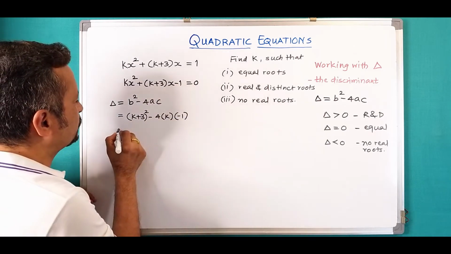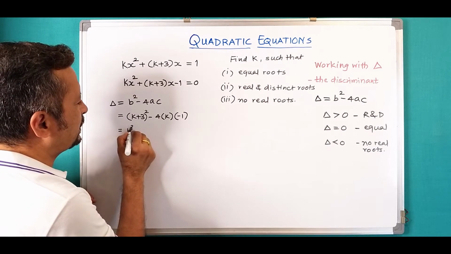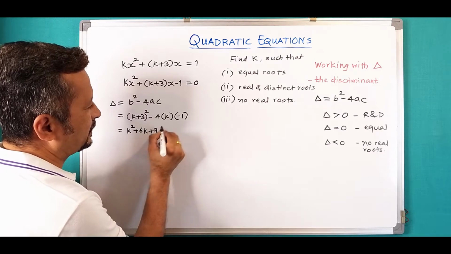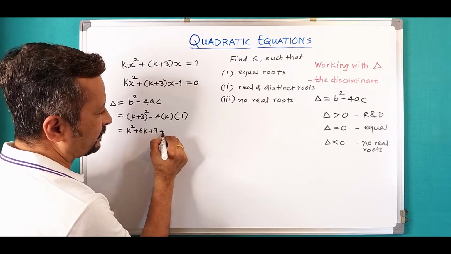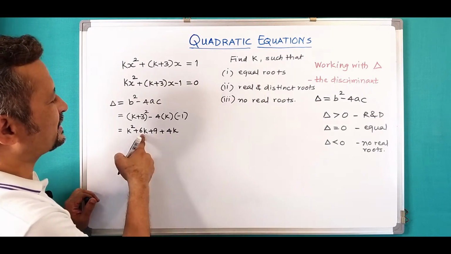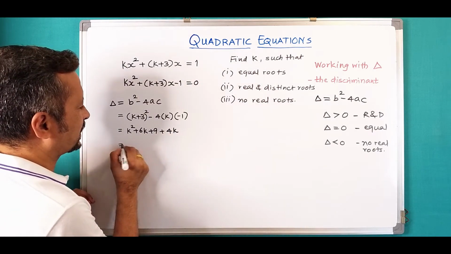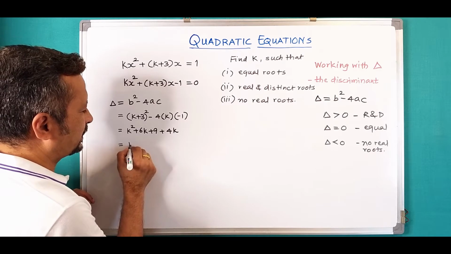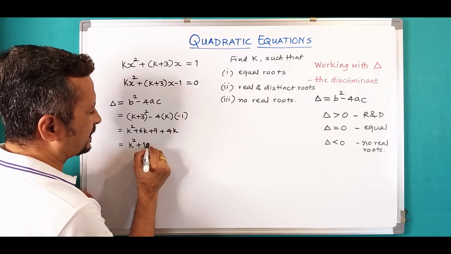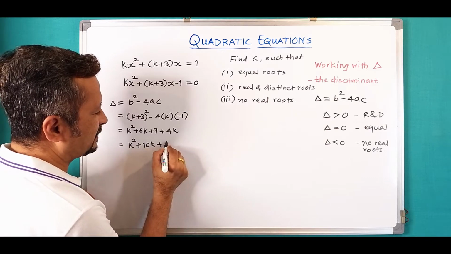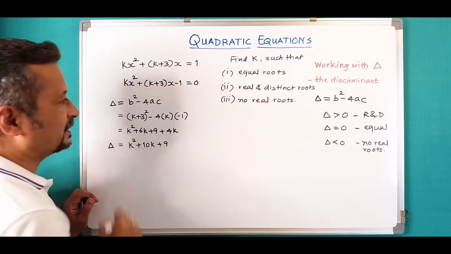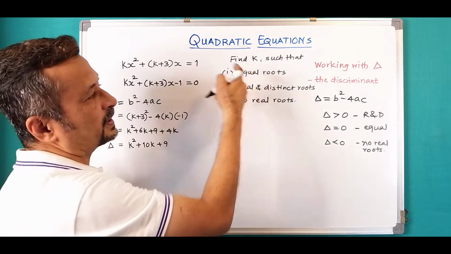So this becomes k square plus 6k plus 9 plus 4k. Now 4k plus 6k becomes 10k. So it would be k square plus 10k plus 9. This is my delta.